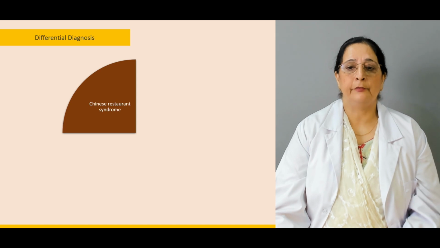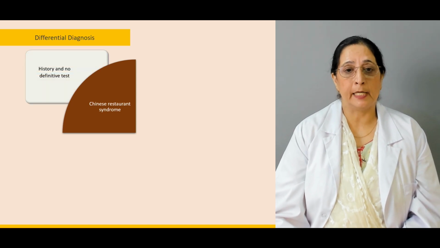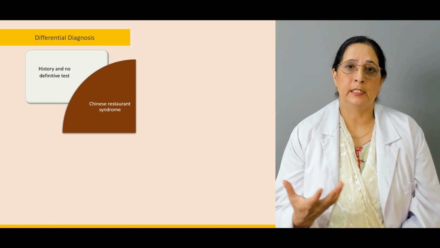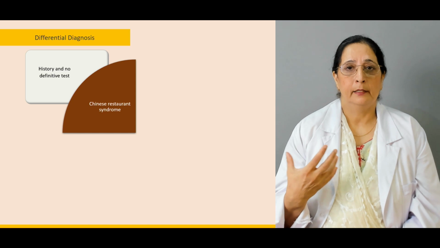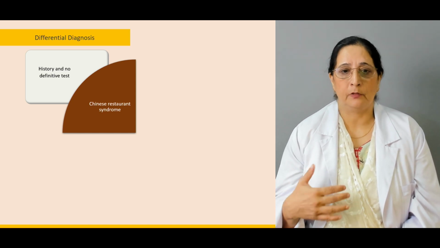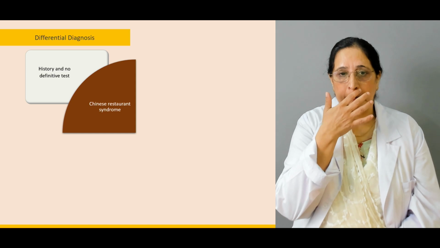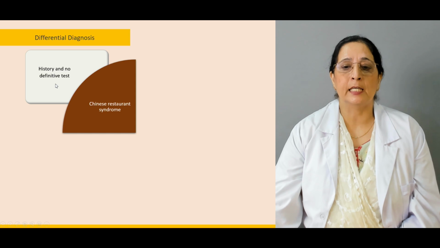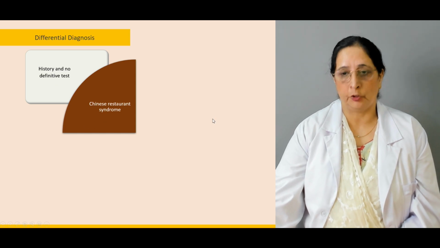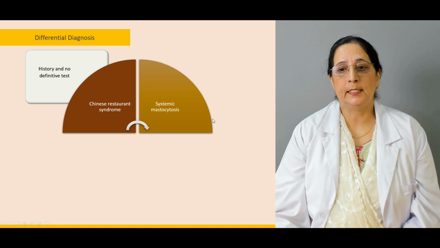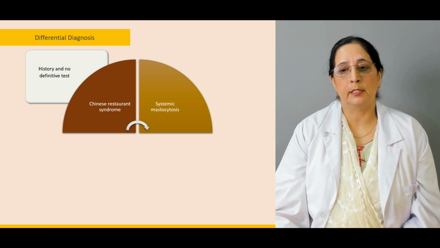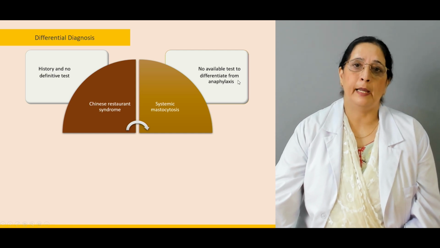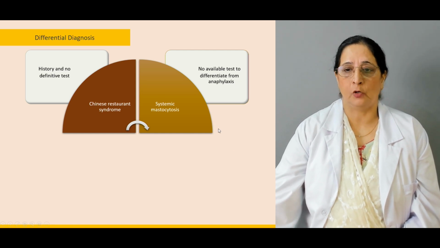Next, Chinese restaurant syndrome. Usually the patient just gives the history that they were eating in a Chinese restaurant and they have this reaction or this problem. So that's the history, and there is no definitive test for Chinese restaurant syndrome. Systemic mastocytosis, no available test to differentiate it from anaphylaxis, this condition also.